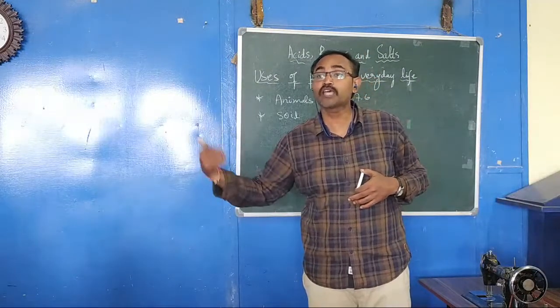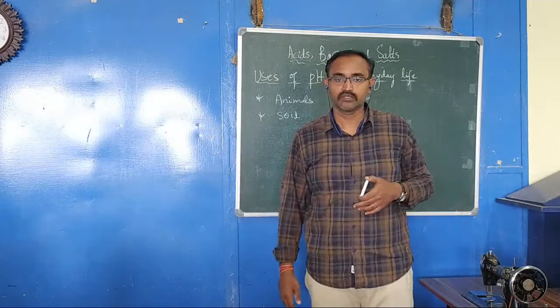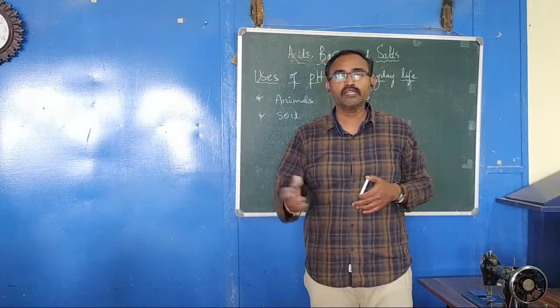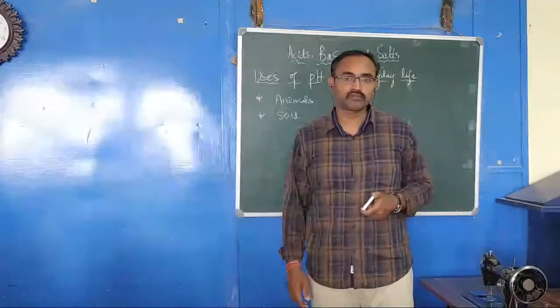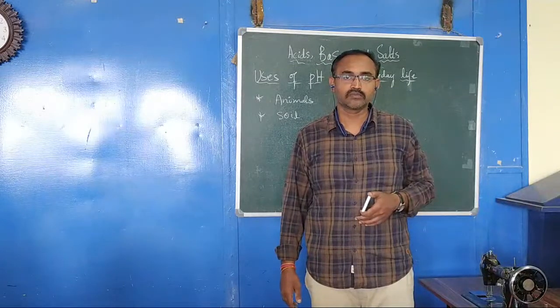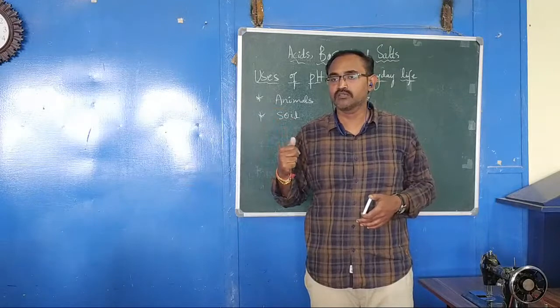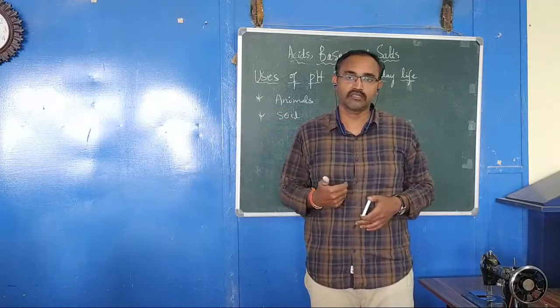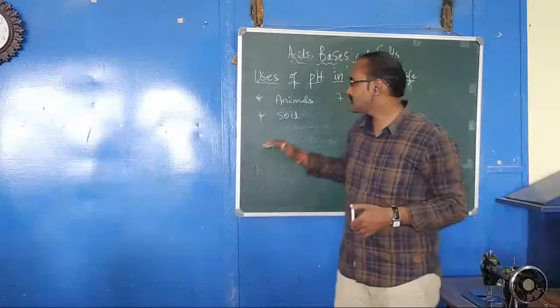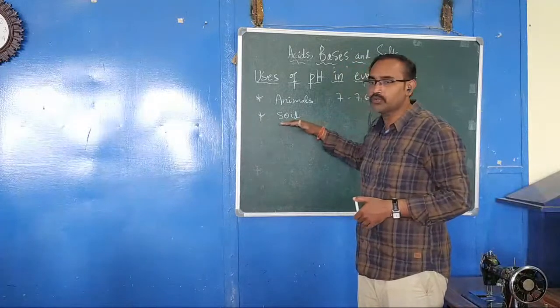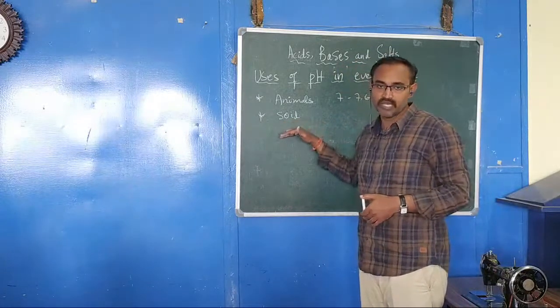The soil becomes neutral. Then you can cultivate the crops. So if the soil is acidic in nature, you can know it by testing. There also we come to know the importance of pH in our everyday life.